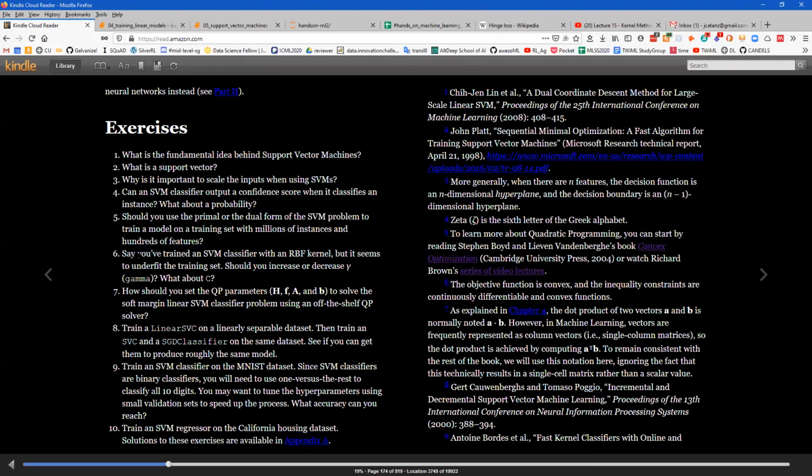But okay, save train, blah, blah, blah. How should you set the QP, quadratic programming, parameters H, f, A, and b to solve the soft margin classifier using an off-the-shelf QP solver? That's something we probably should take a little more time on. We probably don't want to do it right on the spot here.